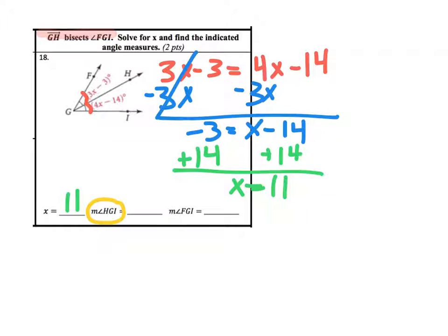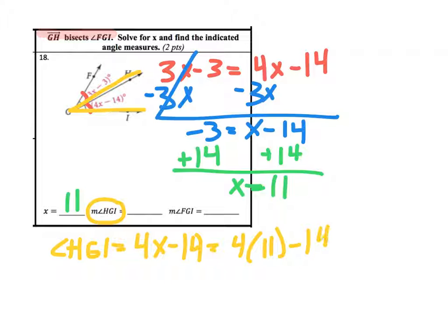Now we still have to find HGI, which is this angle here. So I'm going to do angle HGI equals 4x minus 14. I'm plugging in 11 for x, so we're going to do 4 times 11 minus 14, which is 44 minus 14. That gives me 30.